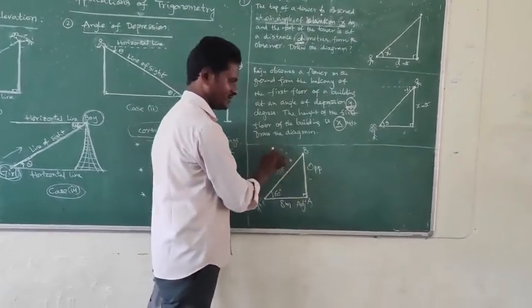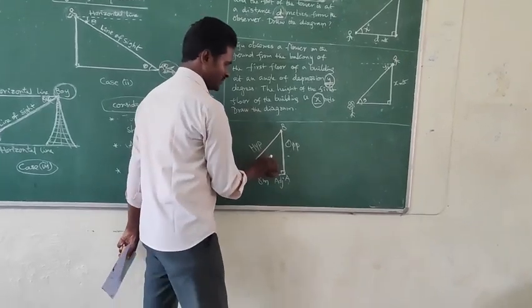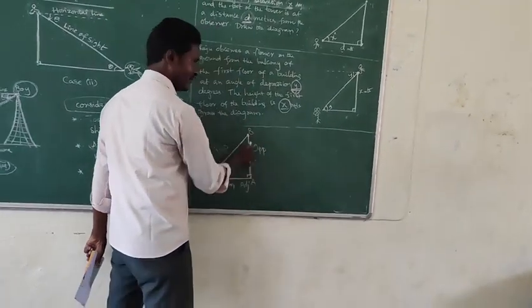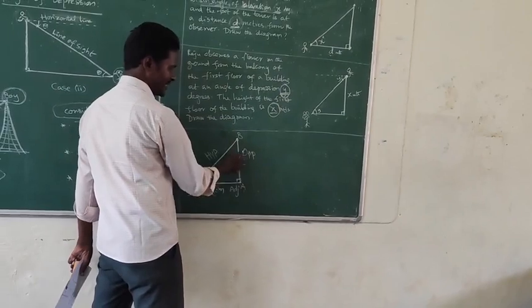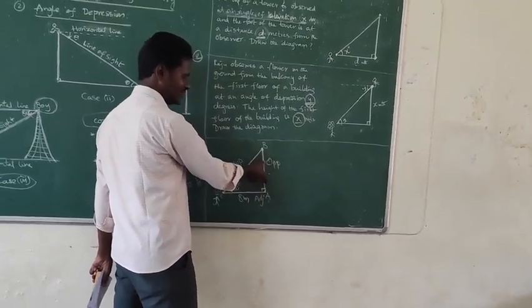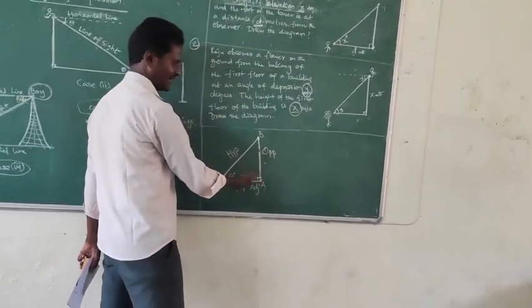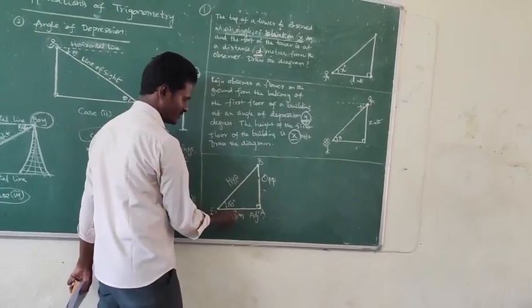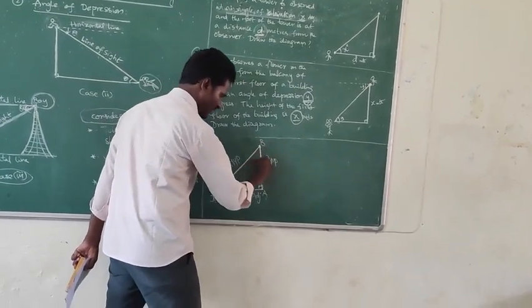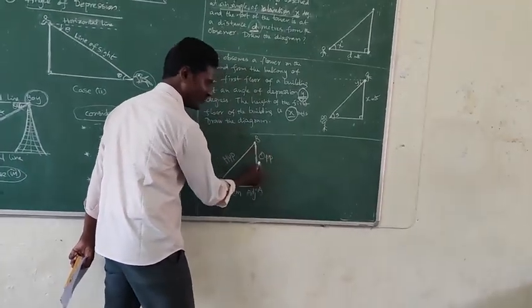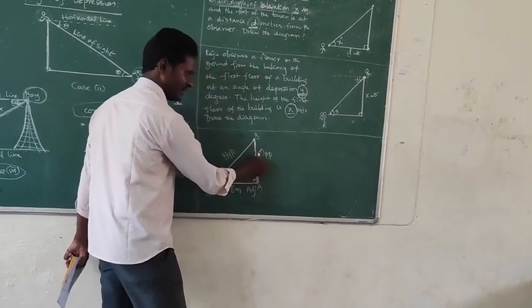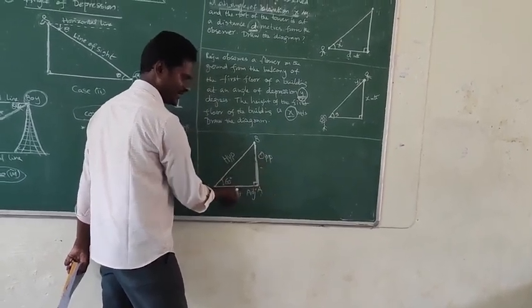So based on these things, we have to find the side AB. AB is nothing but the height of the electric pole. If we want to find it, we must take these two sides, AB the opposite side and the adjacent side.